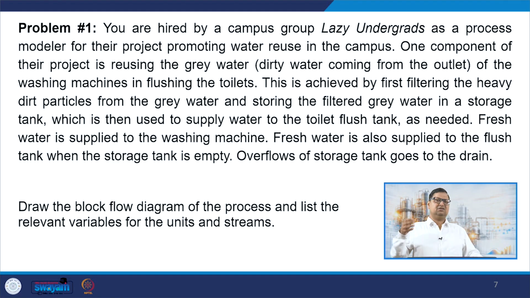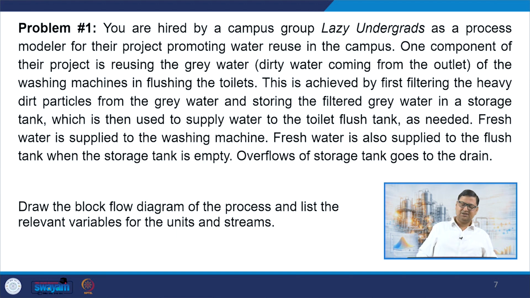And the toilets are using plenty of water, so we want to save the water consumption in toilets, and we want to somehow reuse whatever we can with the water stream coming from the washing machine. And the good thing is that we also have detergent there, so it will probably have some cleaning effect, we hope.